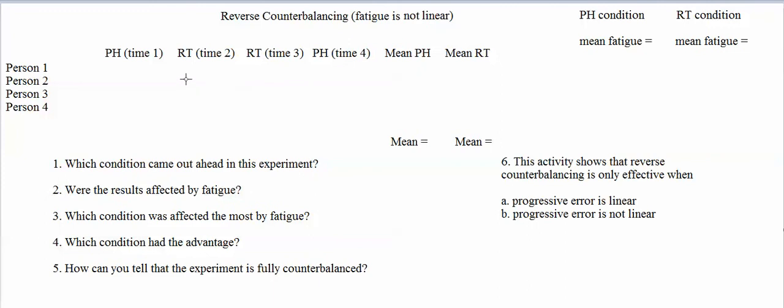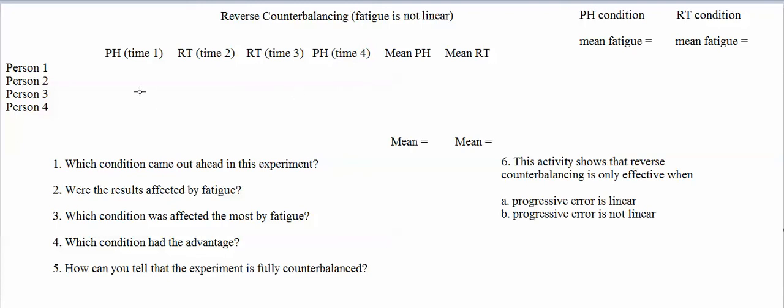This page is the same thing over again, except now fatigue is not linear. So instead of fatigue going 0, 1, 2, 3, it's going to go 0, 1, 3, 3, which means that all of the time 2 scores will be subtracted by 1, but all of the time 3 scores will be subtracted by 3, and all of the time 4 scores will also be subtracted by 3.